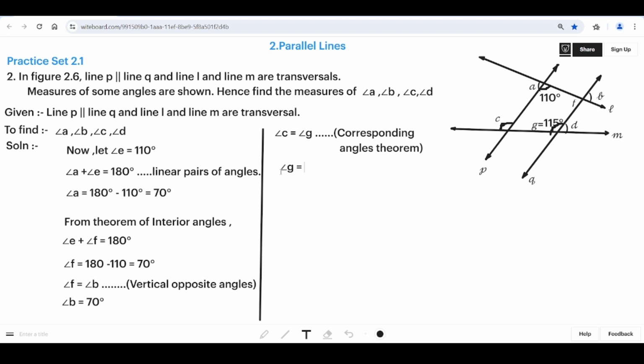Angle G is equal to 115 degrees. Angle C is also equal to 115 degrees.